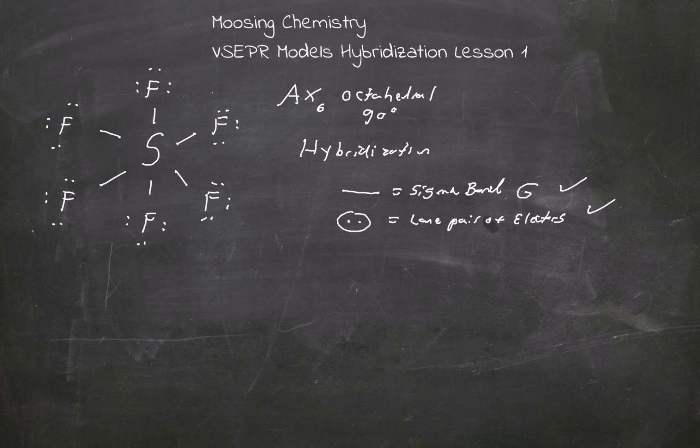So now, what is hybridization to start with? Well, for example, let's take the electron configuration for sulfur. Sulfur is 16, so we go 1s2, 2s2, 2p6, 3s2, and then it'll be 3p4.